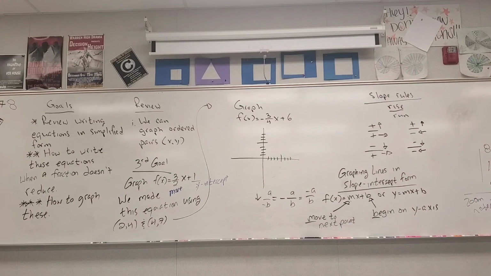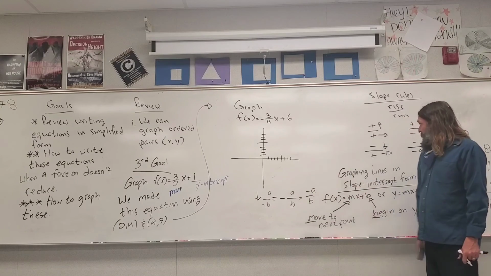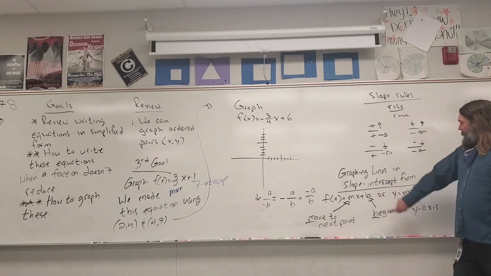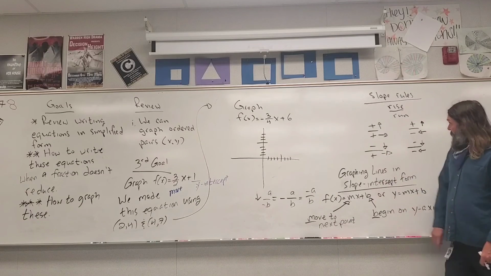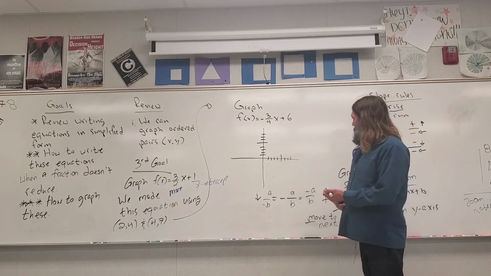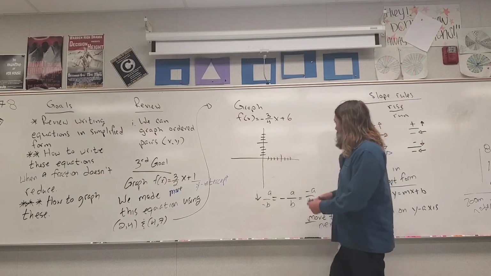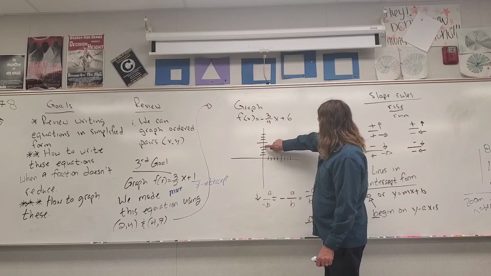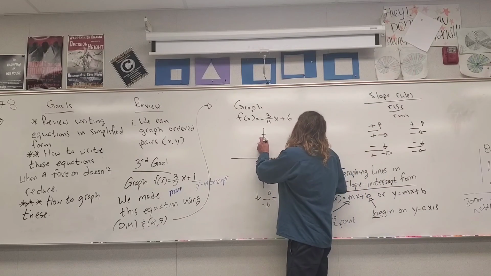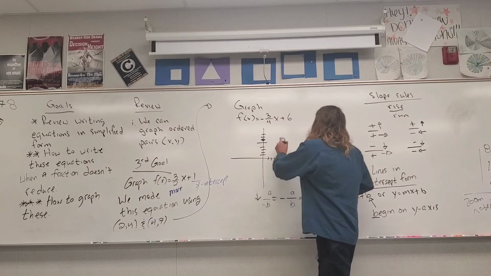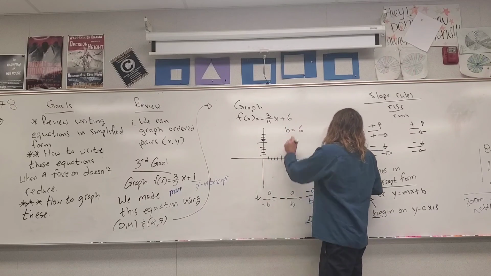Okay, so what I'm saying, I have this in slope-intercept form, y equals mx plus b. This is where I begin on the y-axis. I begin at 6. So I'm going to put a point at 6. So 1, 2, 3, 4, 5, 6. Okay, b equals 6. Where I begin is 6.